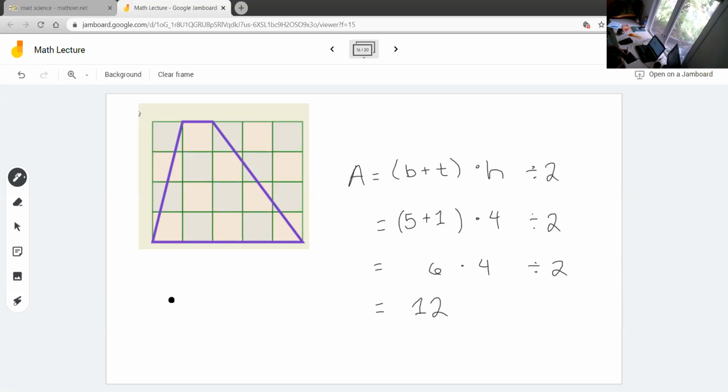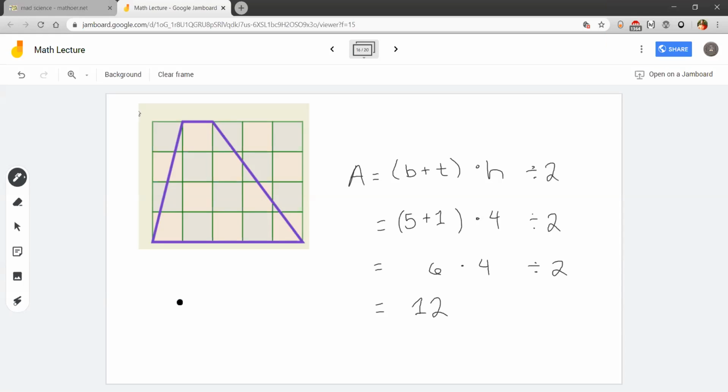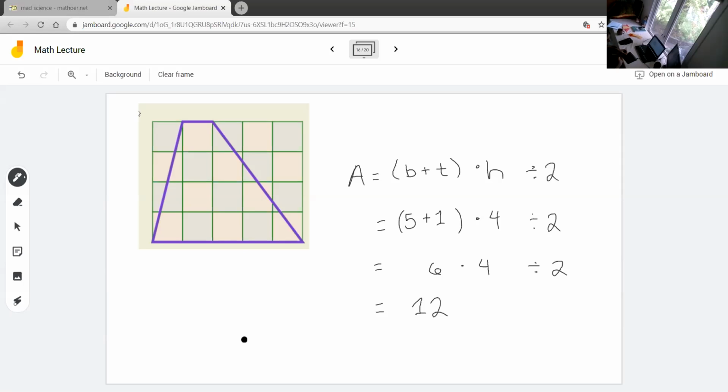Okay, questions about any of this? How come when I type it into my calculator, 5 plus 1 times 4 divided by 2, it gives me 7?